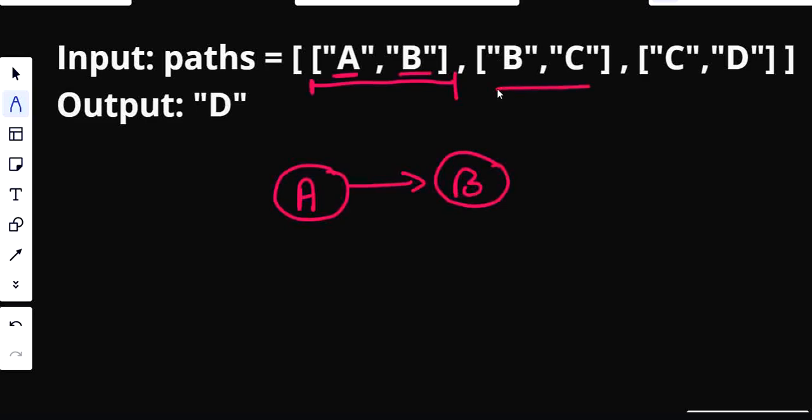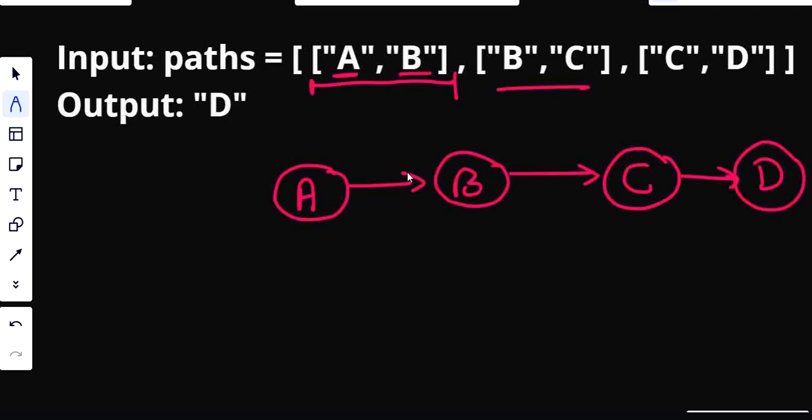Then from B there is a direct edge towards C, and then from C there is a direct edge towards D. So if I see this whole graph, I can see that D is the only node from which there are no outgoing edges. So this is what that statement means. We need to find a city which doesn't have any outgoing edge or outgoing path.